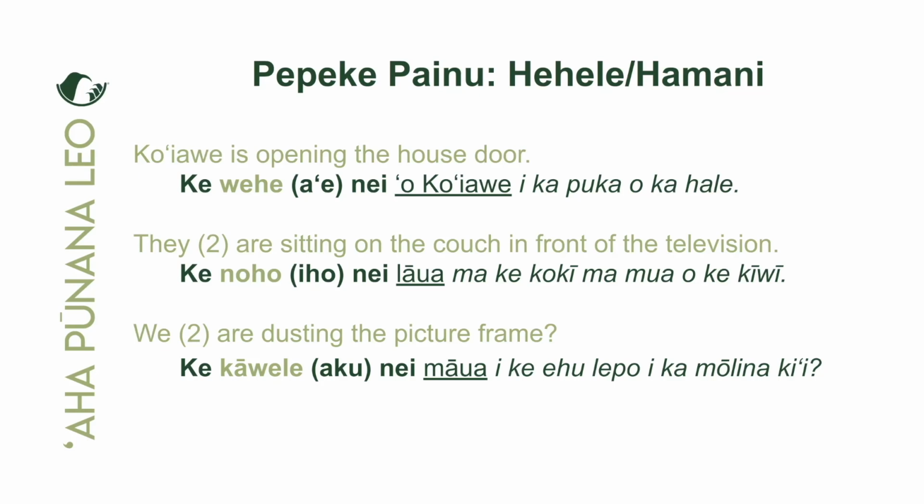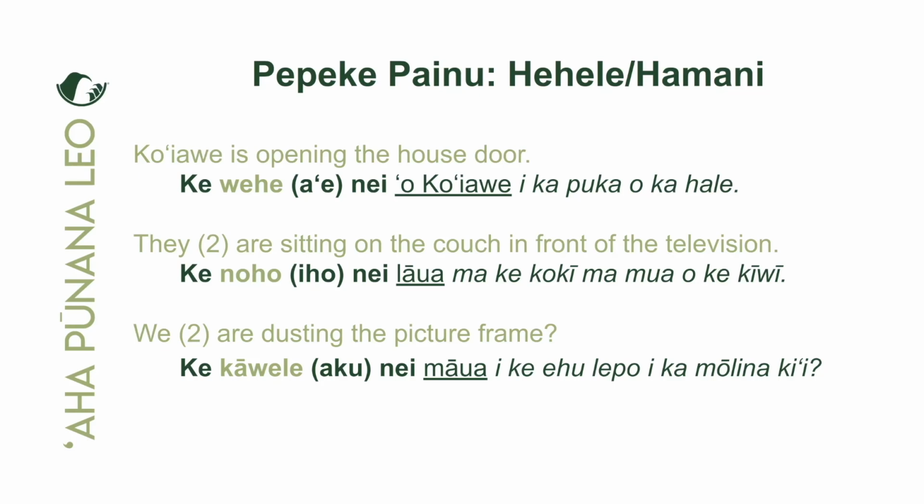These are some great examples of the maka painu keia nei indicating present tense, at this moment, something happening with hehele and hamani verbs, with the inclusion of hunahuna kuhi to give it more sense of direction, and keeping in mind all of the rules of grammar for papani, marking the piko if it's an ioa, and then the ke 'auru, ke ehu lepo, the ami lauka, which marks the okena, or the thing receiving the action. All of these things come into play, and we can create these sentences and make sense of it.